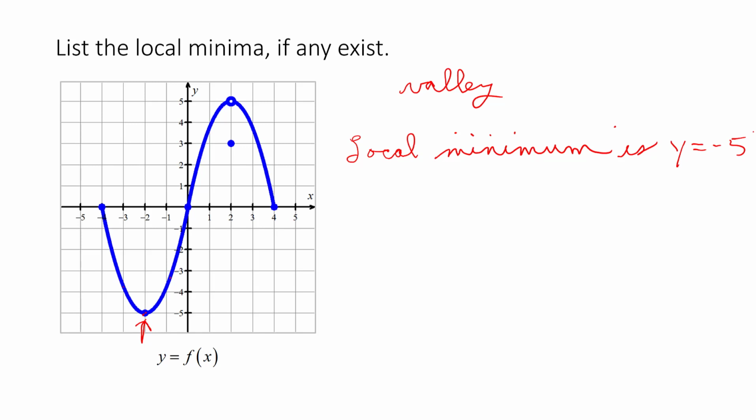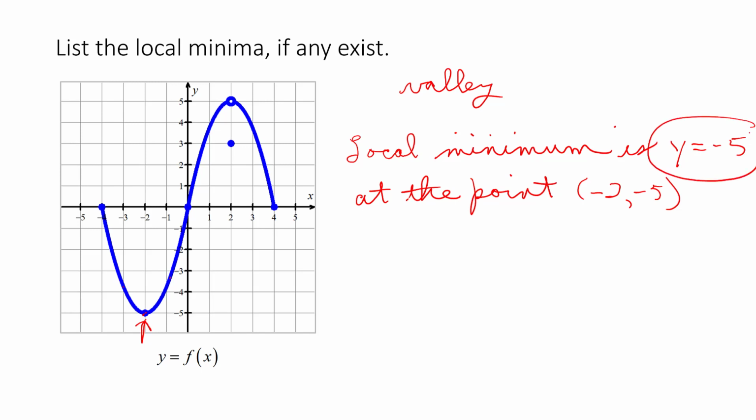The minimum value is a y value. It occurs at the point -2, -5. But the minimum value itself is the y value.